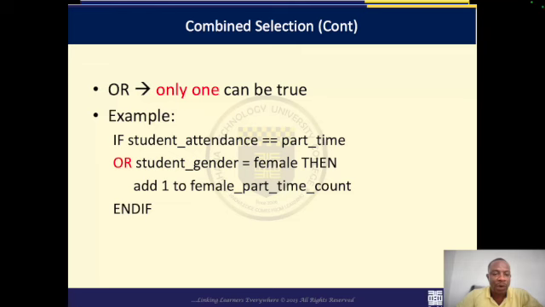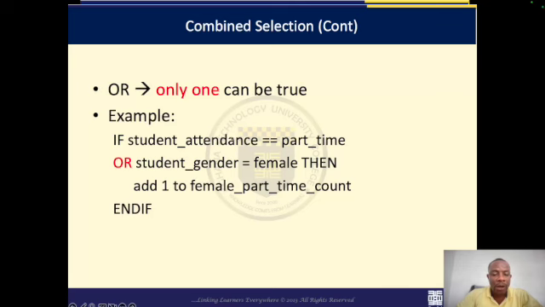But in a situation where you are using the OR logical operator, then you don't need both logical statements to be true. So in this case, if we use OR, then we only need one of these to be true. Either the student is a part-time student or the student is a female student. Then the action will be taken. If both of them are true, the action will still be taken.